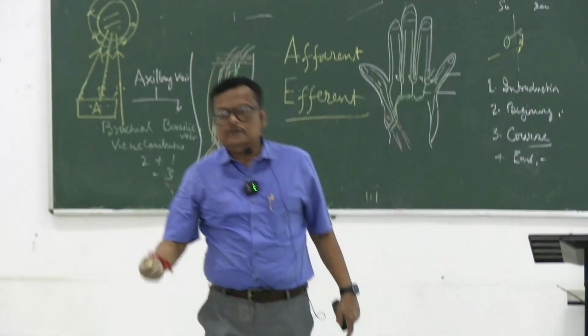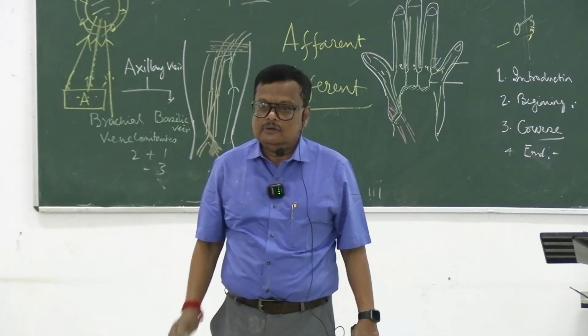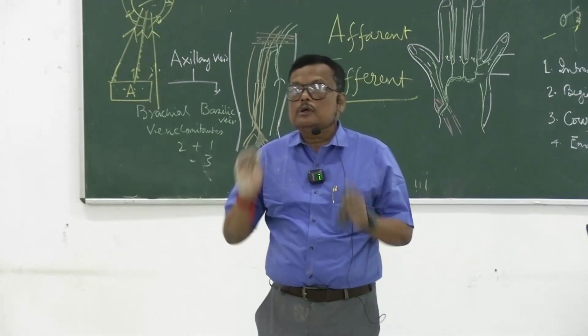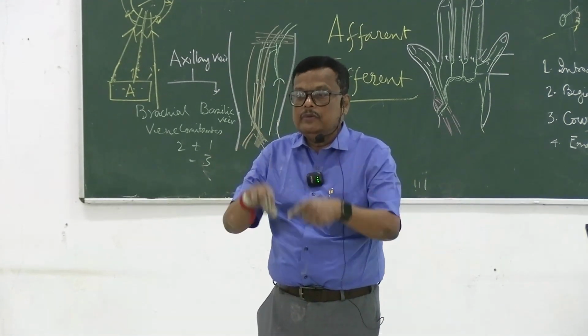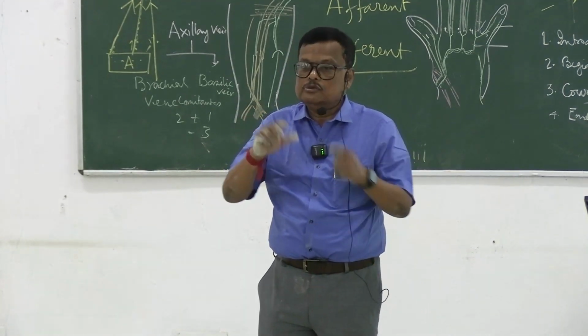If there is an infection, the lymph node is enlarged, so we call it lymphadenitis. In cancer, the lymph node is also enlarged to fight the cancer cell. It becomes much bigger because more lymphocytes are being produced.